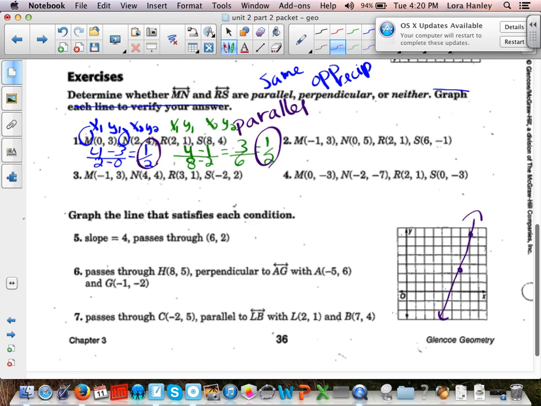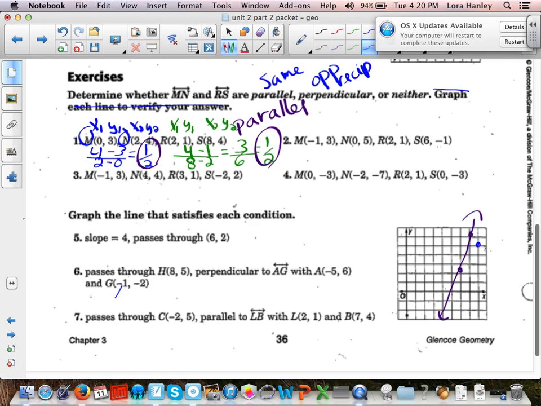We also have one that is passing through 8, 5, and it's perpendicular to AG that has 2 different points there. So let's find 8, 5 first. 1, 2, 3, 4, 5. Now, in order to find a perpendicular line, we need to know the slope of AG.